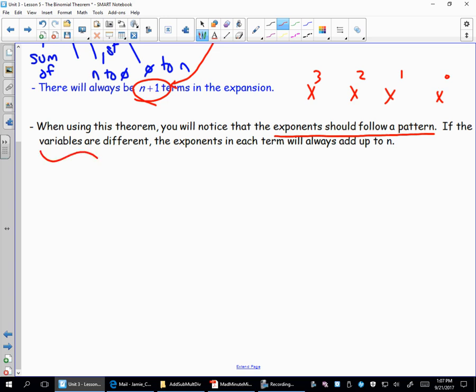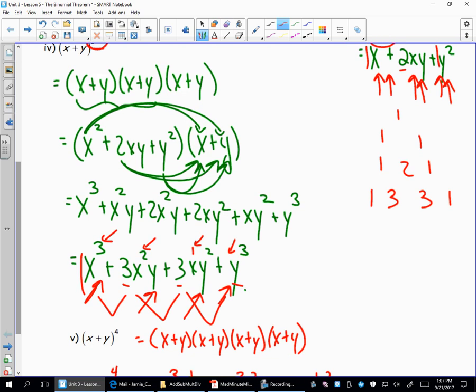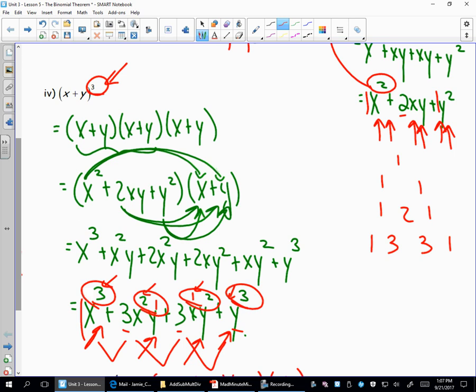And if your variables are different, like they were in all these questions previously, the sum of them always adds up to n. So if you go back for just a second, look at these examples. 2 plus 1 makes 3. 1 plus 2 makes 3. 3 and 0 makes 3. They're always 3. In the question, we had a 3.